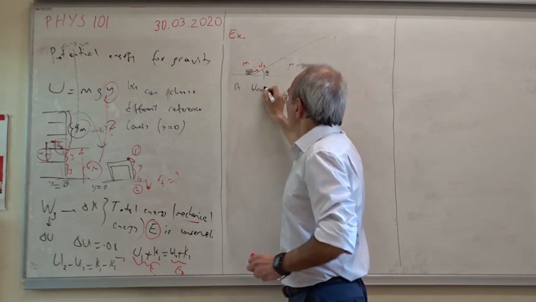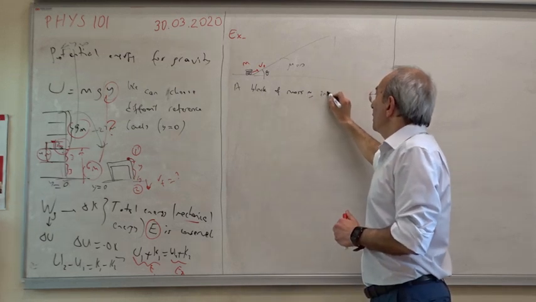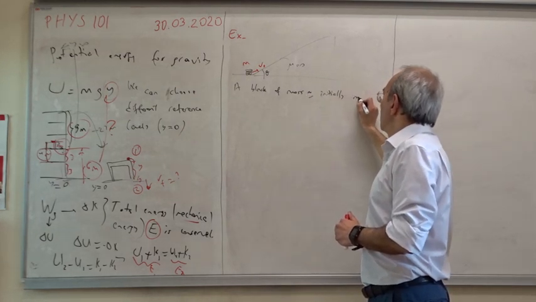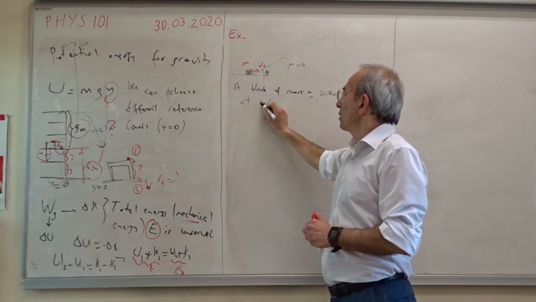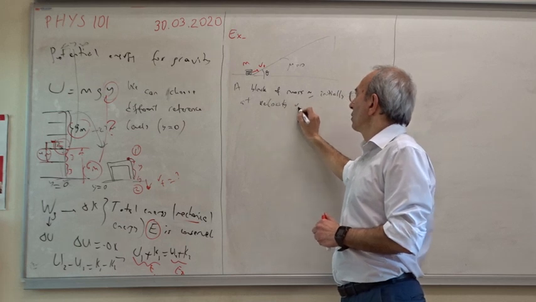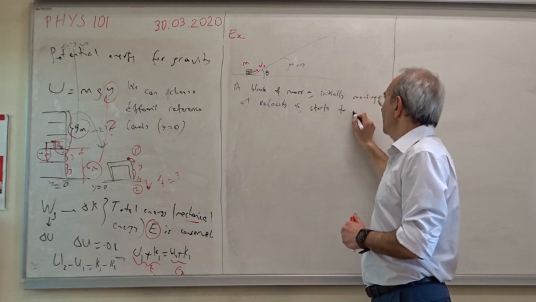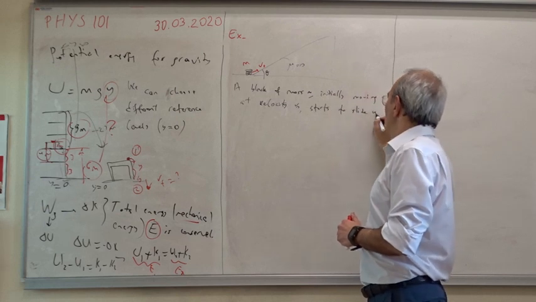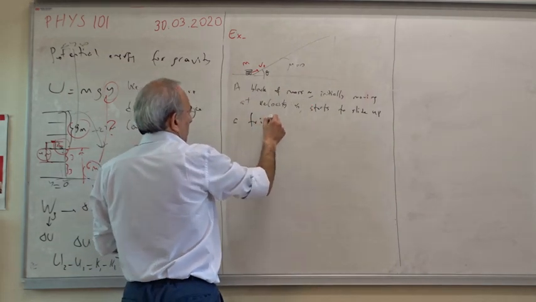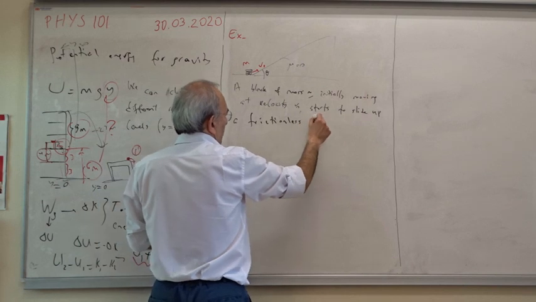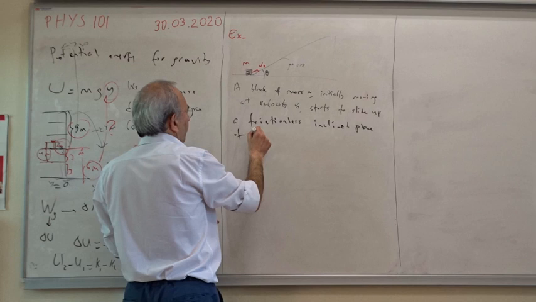A block of mass m, initially moving at velocity v0, starts to slide up a frictionless inclined plane of angle theta.